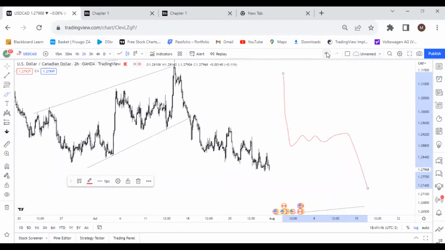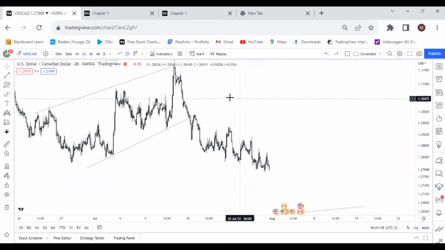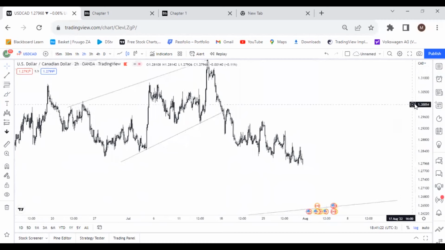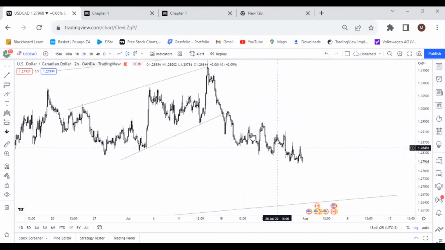So we could anticipate the move to the downside, rather than the price just reversing and going back up.